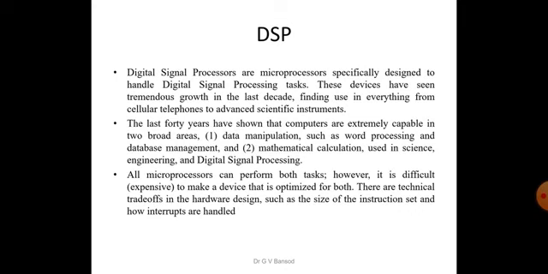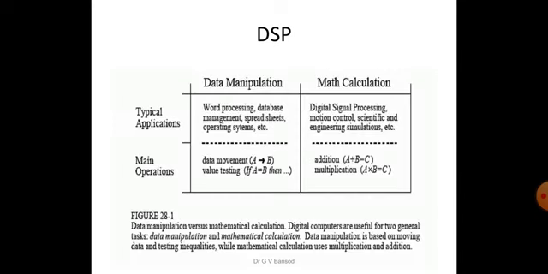So there always exists the trade-off between this. When I say data manipulation, I mean processing, moving data from one point to another. When I say mathematical calculation, I mean operations that happen in the ALU like addition, subtraction, multiplication and so on.